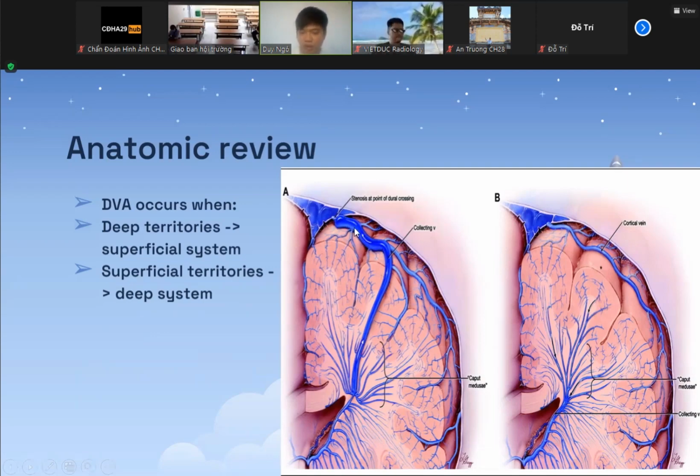This is abnormal, and this creates what we call DVAs. The second situation is when the superficial venous territory drains into the deep venous system and comes into a collecting vein. So these two situations become the DVA we're going to talk about today.